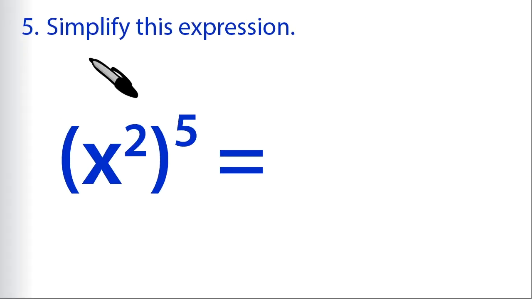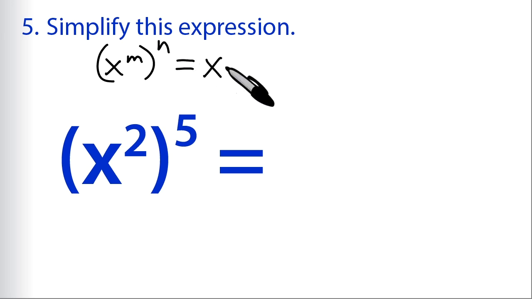For problem 5, we're told to simplify this expression, and we're given x squared in parentheses, and that whole thing raised to the 5th power. We have a law that tells us what to do with that as well. That's x to the m, in parentheses, raised to the n equals x to the m times n.